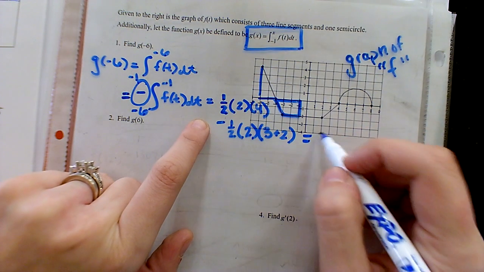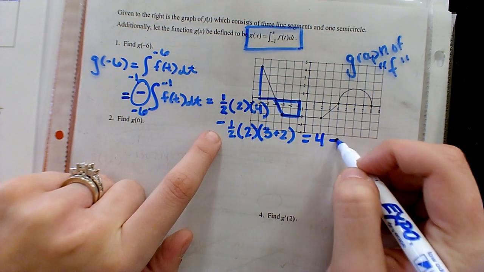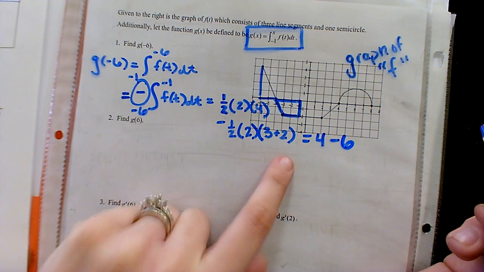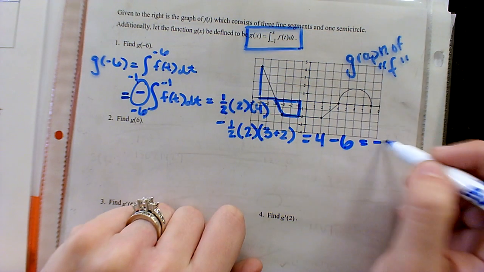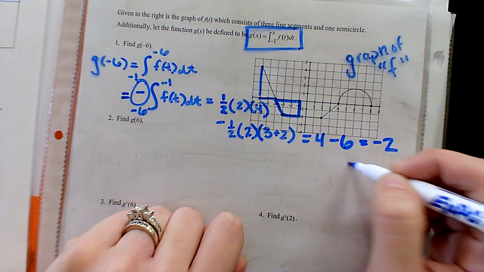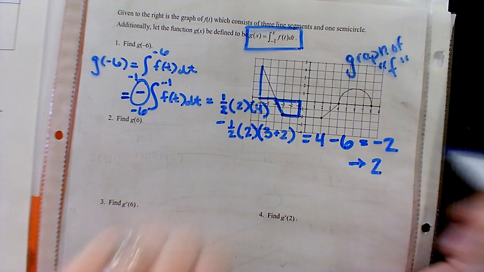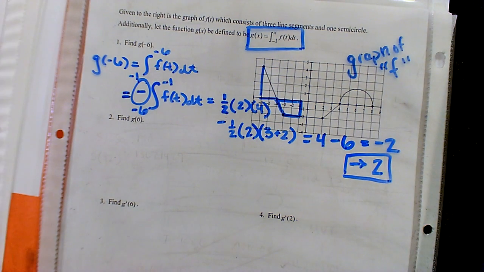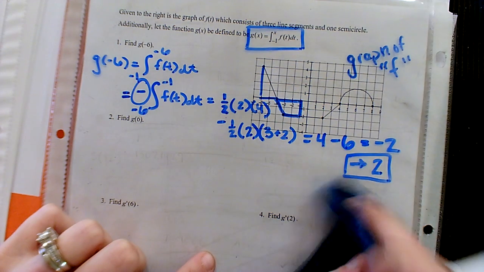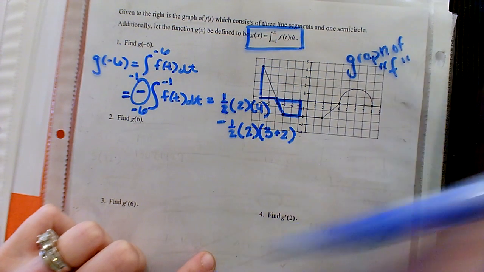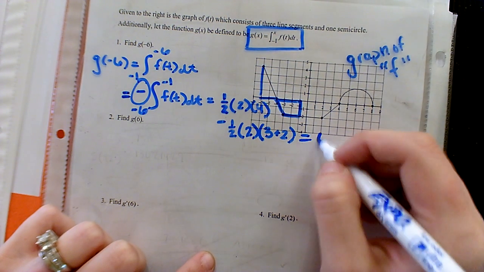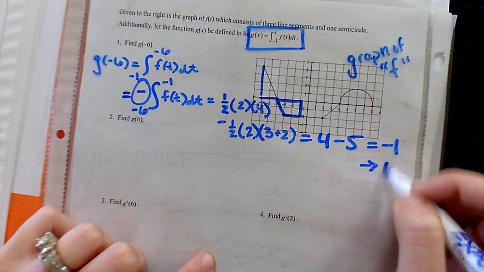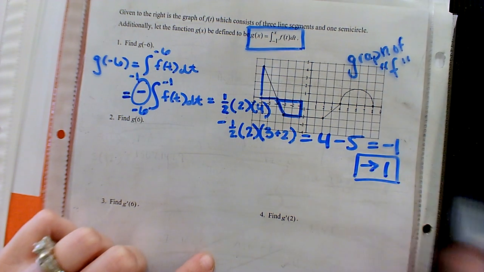So this would be 4 minus 6, which would be -2. And if we negate it, we'll get 2. Or did I switch something? This would be 5, yeah. 4 minus 5 is -1. Negate it, we'll get 1. That's better.